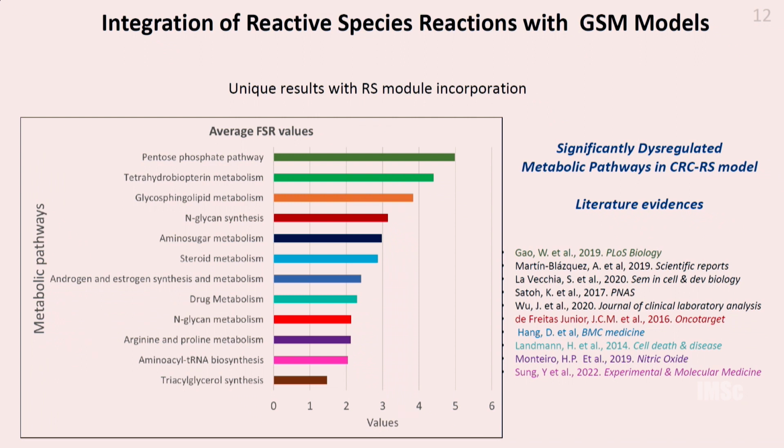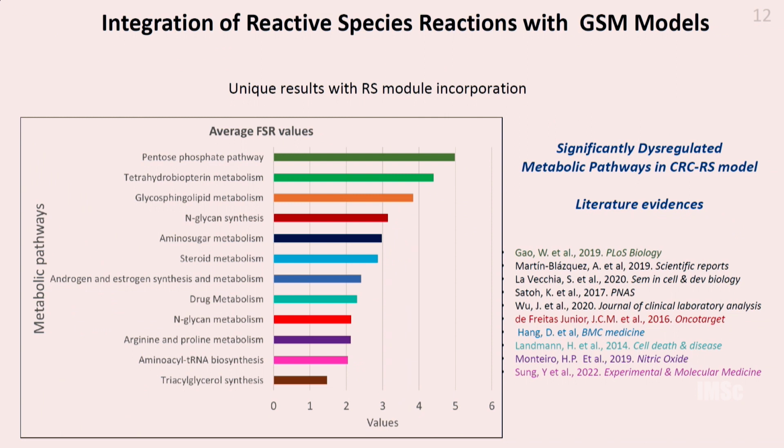When we incorporated the RS module, we got many pathways. Here I talk about average flux span ratio values, averaged over all the reactions that are dysregulated, and we computed it. We saw that these pathways are also reported in the literature as typically dysregulated in CRC in the RS model, while the plain CRC model does not show such significant changes.